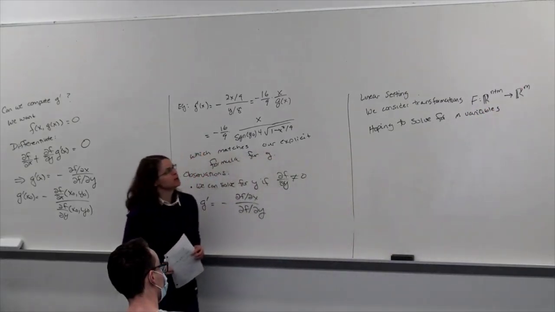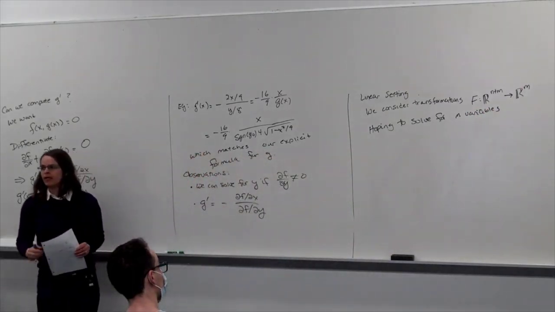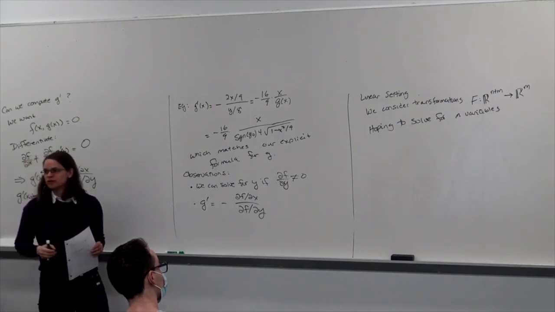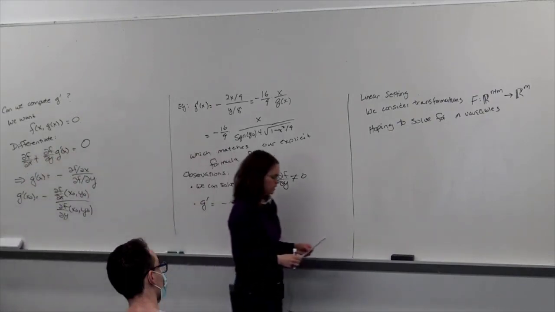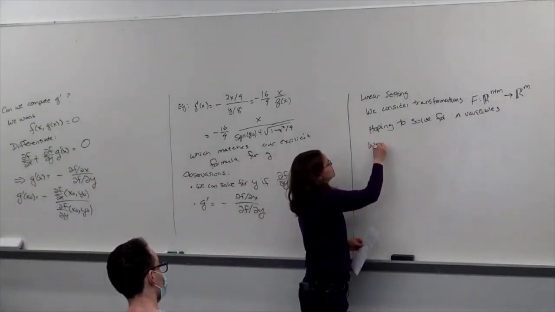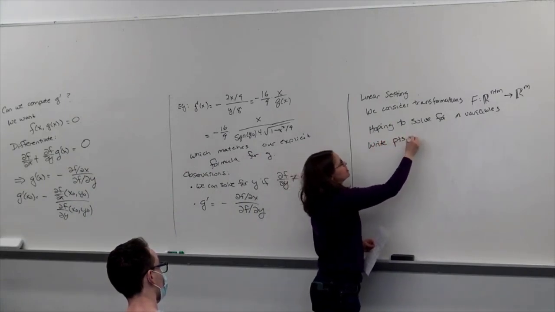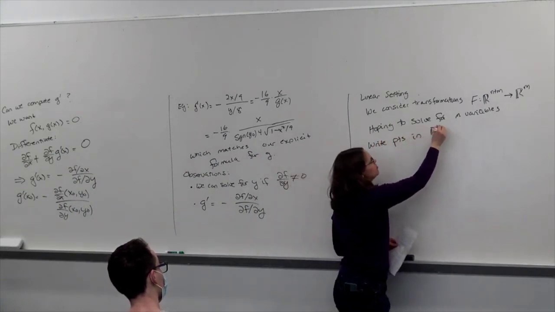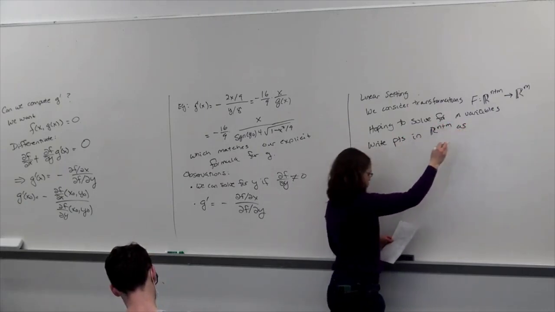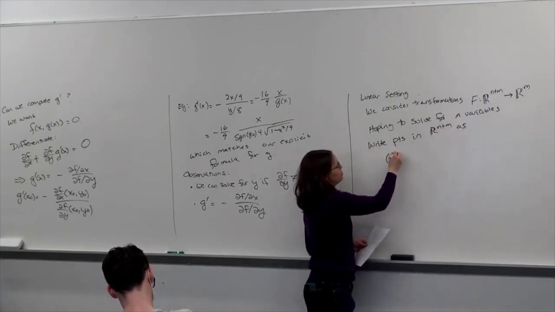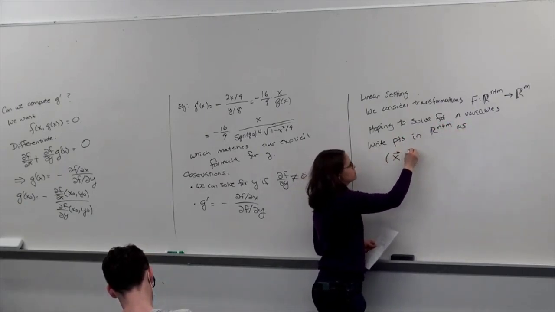All right, so I'm going to take my points in R^(n+m). And again, I'm going to try to distinguish them clearly. Are they the ones I'm solving for or not? So let's write our points that are in this high dimensional space in the form (x, u).